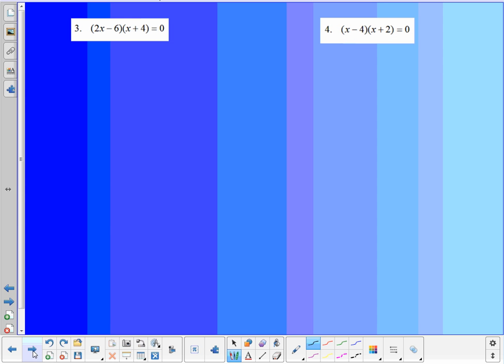Let's try a couple more. In number 3, I have 2x minus 6 times x plus 4 is equal to 0. So I split them into their two equations: 2x minus 6 equals 0, and x plus 4 equals 0. And again, I can do that because of the zero product property.